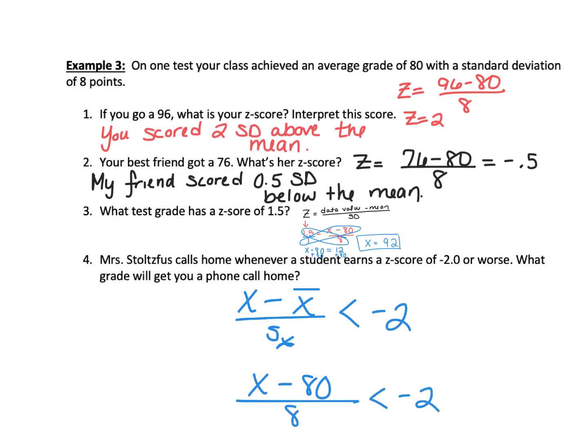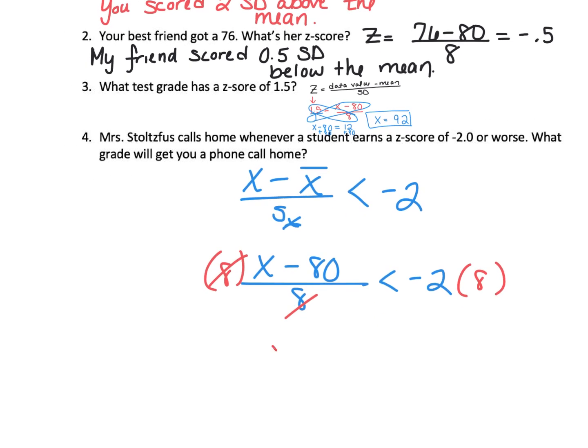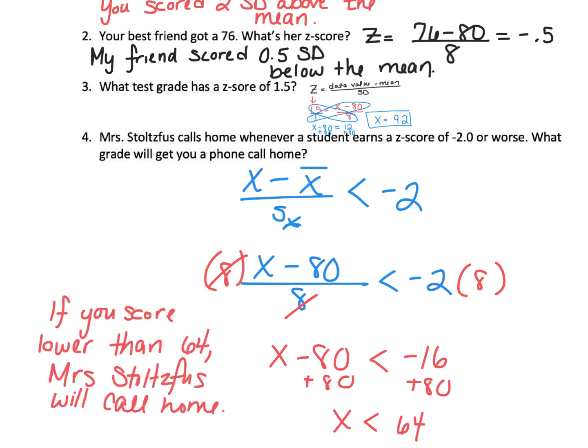And I'm going to solve this inequality. So I need to get 8 out of the denominator. So I'm going to multiply both sides by 8 to get rid of this. So my 8's cancel, would give me x minus 80 is less than negative 16. And then I'm going to add 80 to both sides. And I get x is less than 64. So if you score lower than 64, Mrs. Stoltzfus will call home.